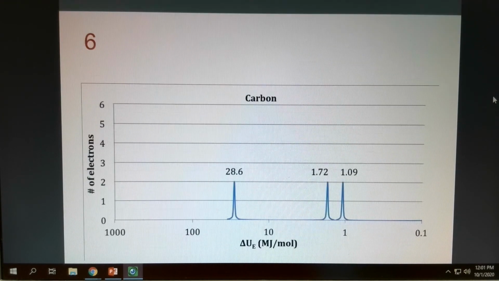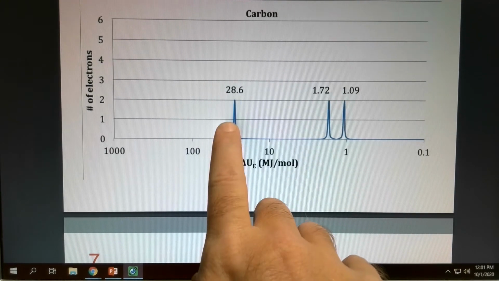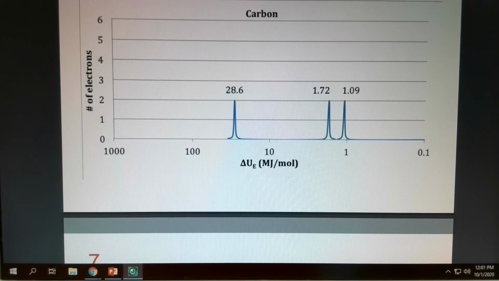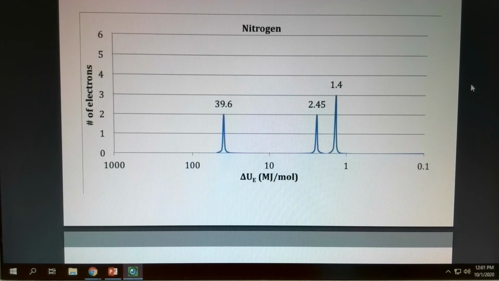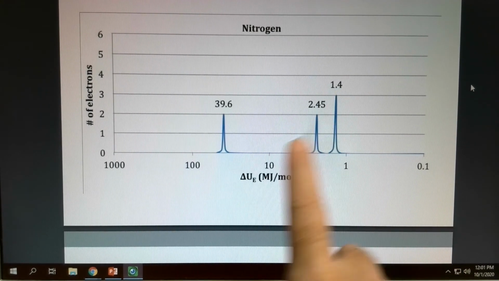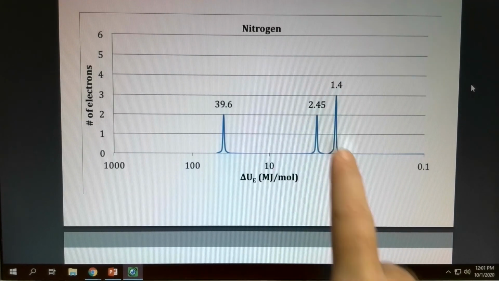If we move on, here's carbon, 1s, 2s, 2p, and they all have 2 electrons in them. Now we have nitrogen, and look at this peak here. Why is this peak taller than these two? Well, this peak has 3 electrons because this is the 2p orbital.